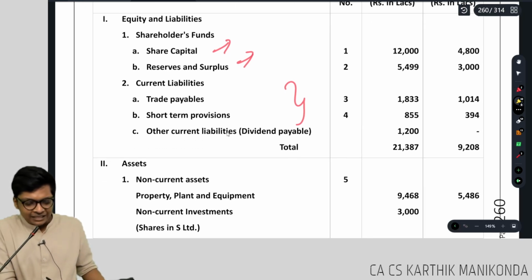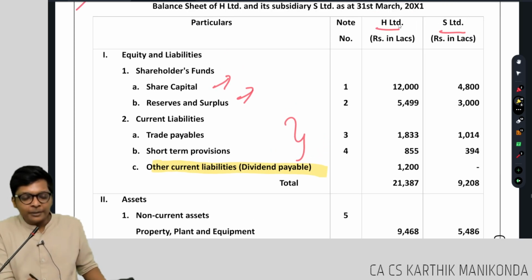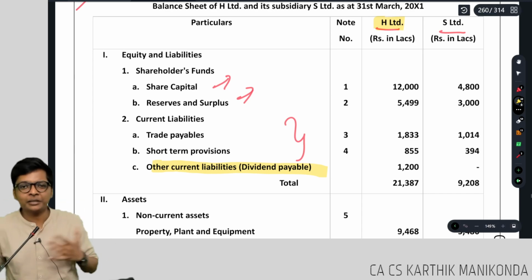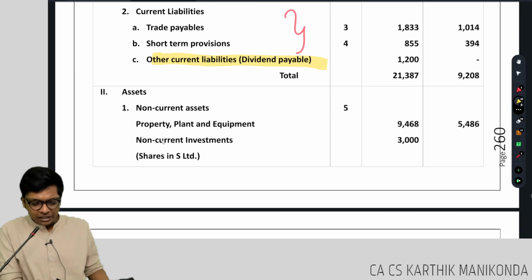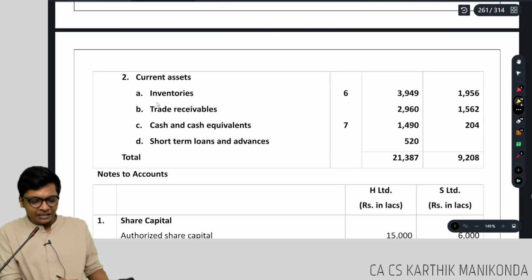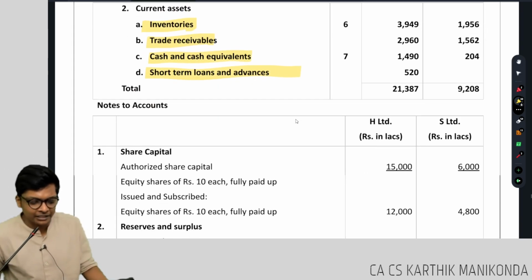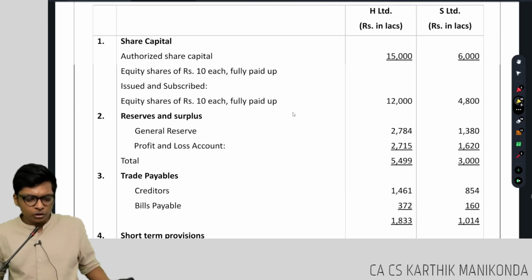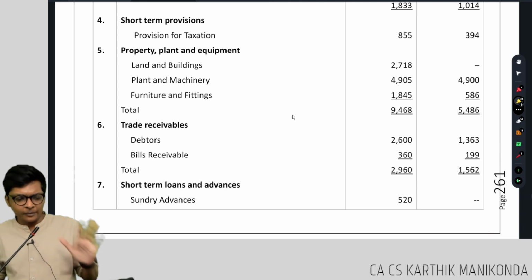Other current liabilities has dividend payable, but this is dividend payable for the holding company, so nothing much impact for me. Assets, we have non-current investments 3000, shares in S Limited. Come down, current assets: inventories, trade receivables, cash and cash equivalents, short-term loans and advances, all values are there. Then you come to your notes, where they are given the breakup of items, fairly familiar items.